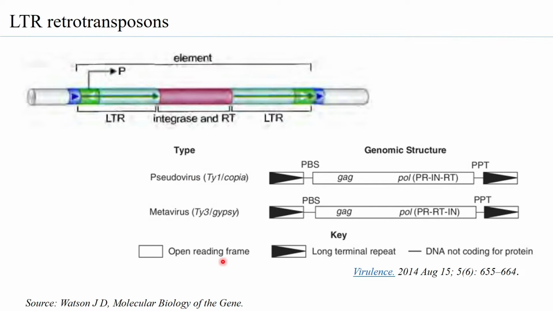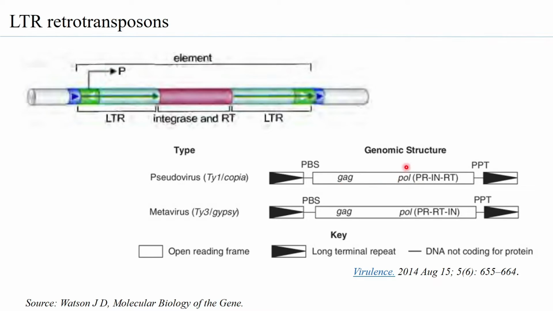So for example, you have a family of what is called Type 1 copia and Type 3 gypsy types, and because they are endogenous retroviral structures, you can see that the open reading frame also has genes for GAG and POL, and these GAG are basically genes that give rise to the coat proteins of the virus.